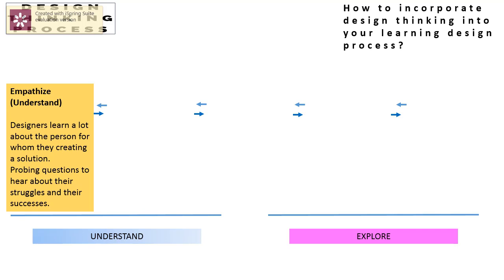It's listening as they explain their environment, their habits, how they go about their business on a day-to-day basis. You ask them to share stories, giving examples of experiences they may have had. All of this is done with a goal of gaining as much empathy as you can for your audience.